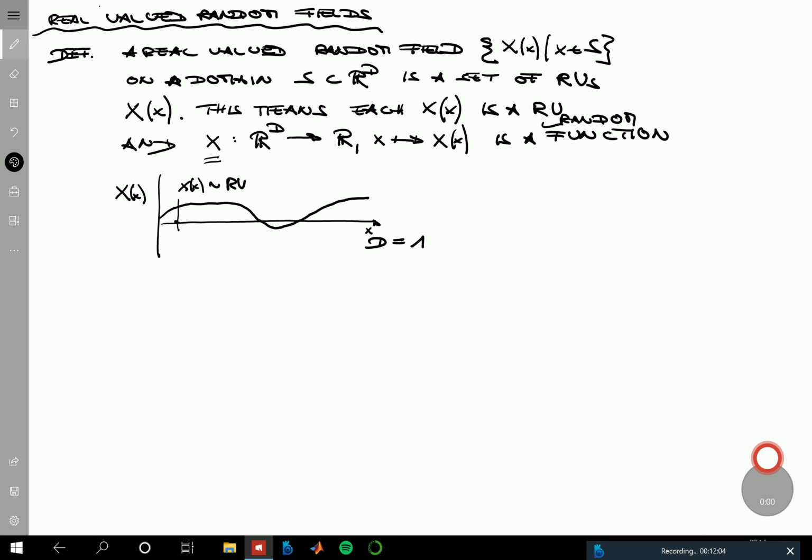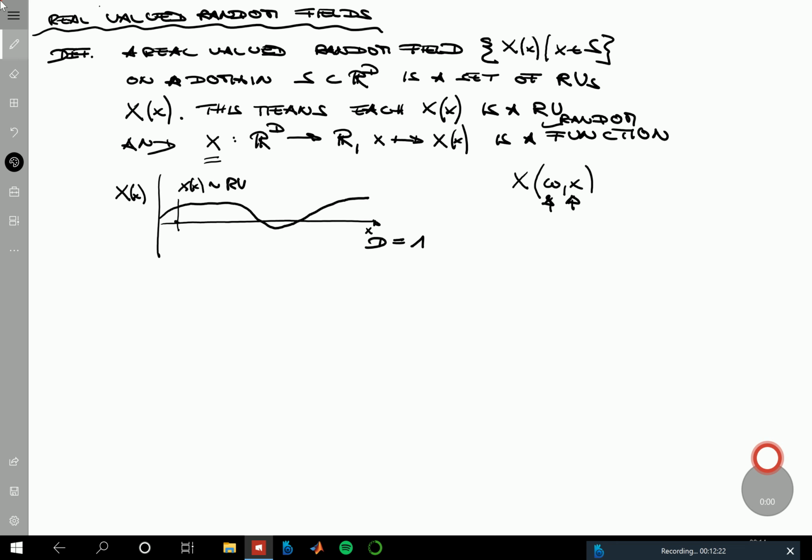If one does this a little bit more formally, which is actually easier, based on a measure theoretic framework, X actually depends on two things. It depends on the outcome of a probability experiment and on space.